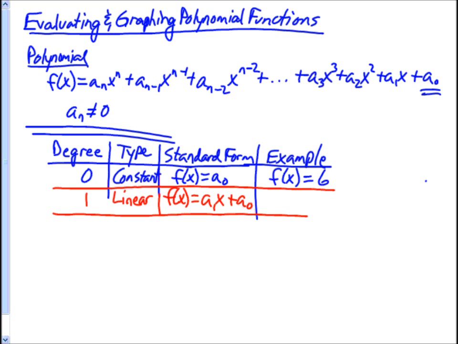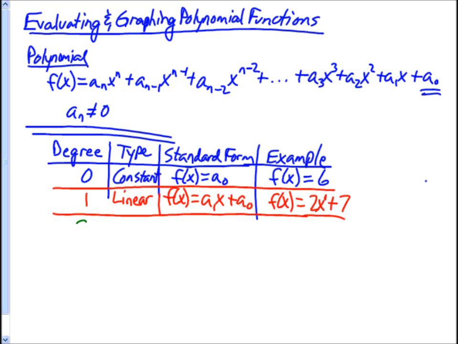Your m here is your a sub 1, that's your slope, and your a sub 0 is your constant portion. Like f of x equals 2x plus 7, for instance. That's an example of a linear polynomial function. You see how it's x to the 1? You see where I just wrote in that 1? So your degree is 1.